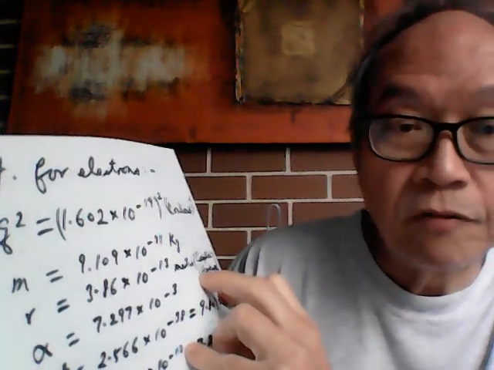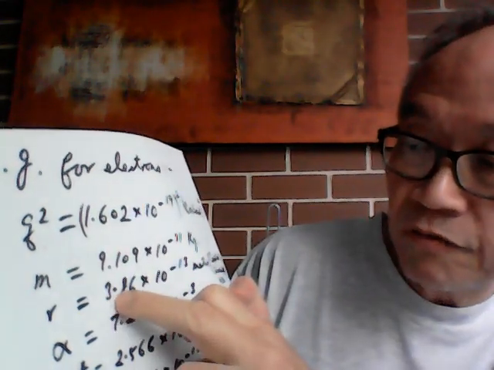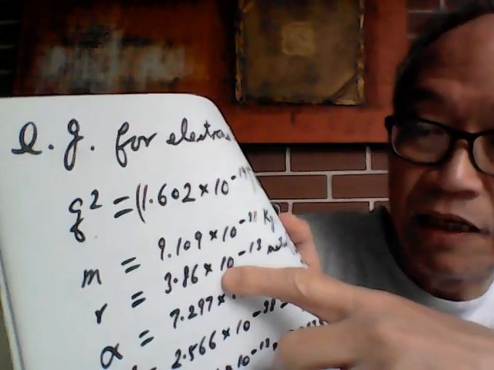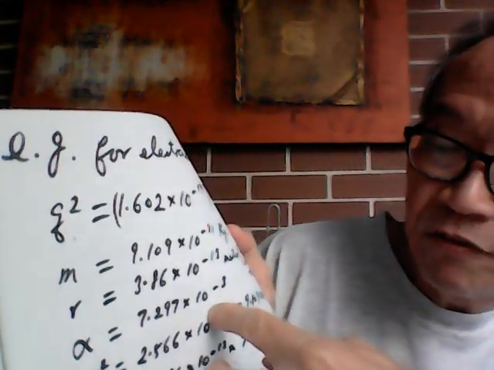The Compton wavelength is usually given as 3.86 times 10 to the power minus 13 times 2 pi. But now I have to separate it out and divide it by 2 pi, so I take the radius, which is actually the reduced wavelength of the electron, 3.86 times 10 to the power minus 13. And alpha is equal to 7.297 times 10 to the power minus 3.